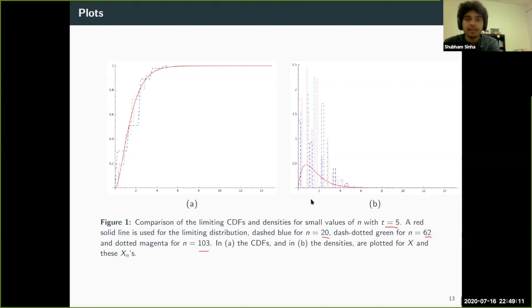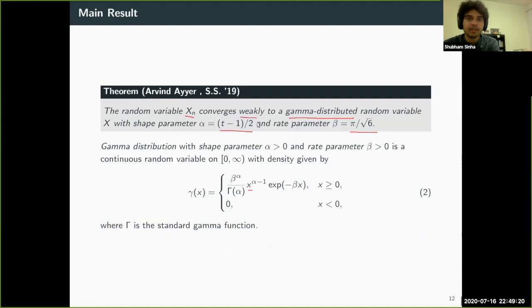While on the right-hand side is the probability mass function, which will not converge. So that's where the weak convergence comes from. All the convergence happens in weak distribution, in the CDF.